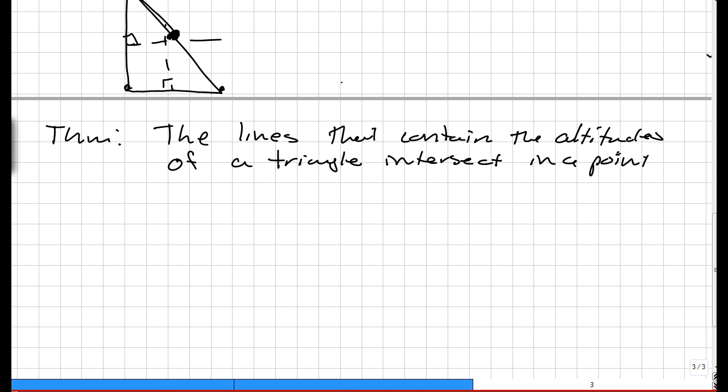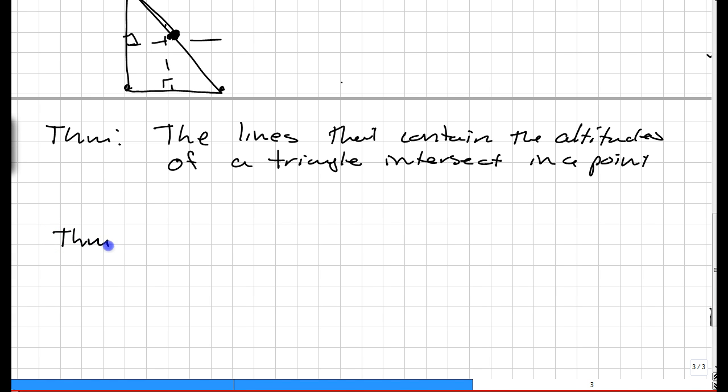Okay? And again, that point might be outside of the triangle if we're talking about the altitudes, or it might be inside, or it might be on. Okay?